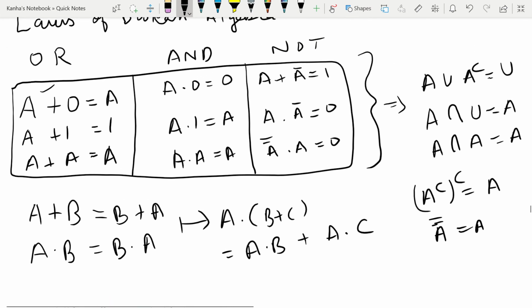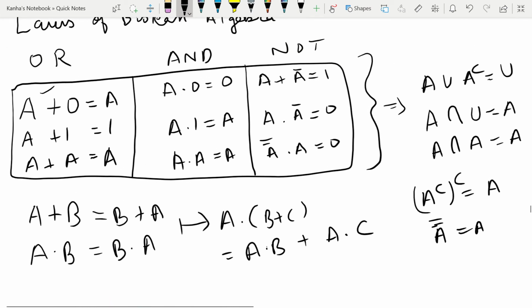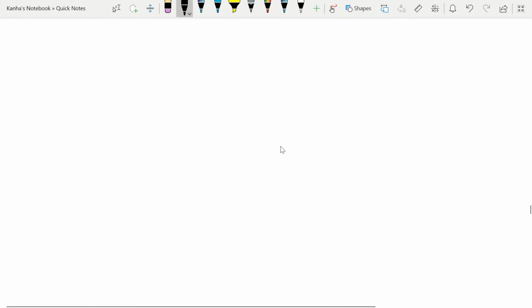All these symbols are telling you about some gates. Let me zoom out a little and write some of these things down again for you.